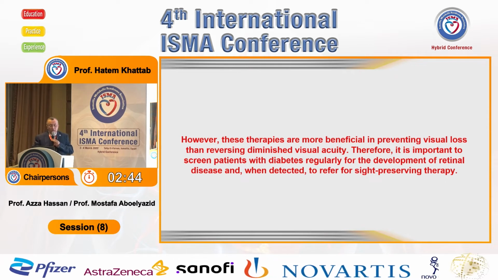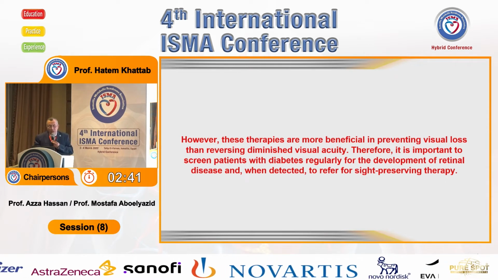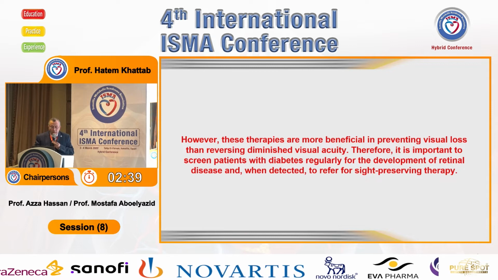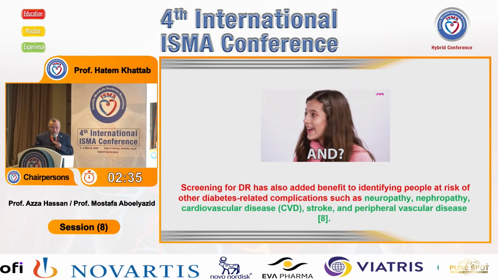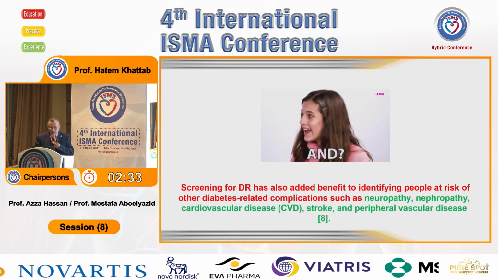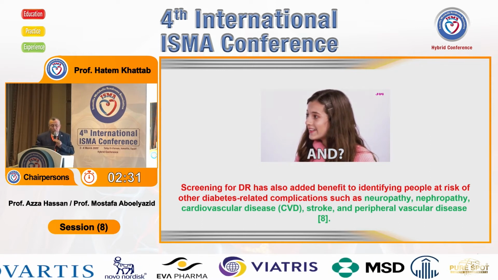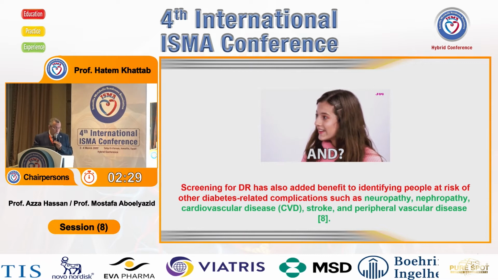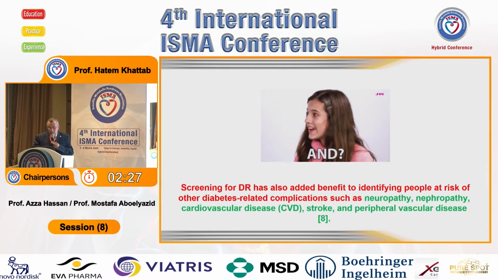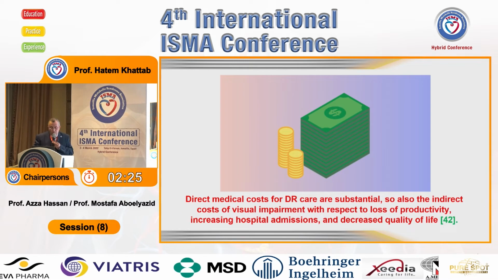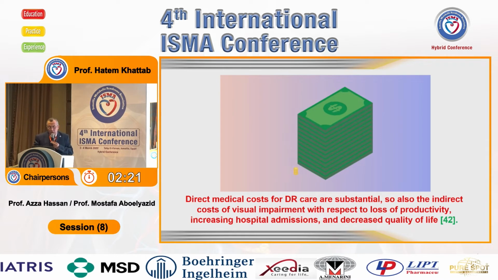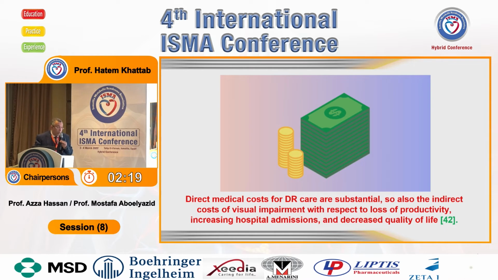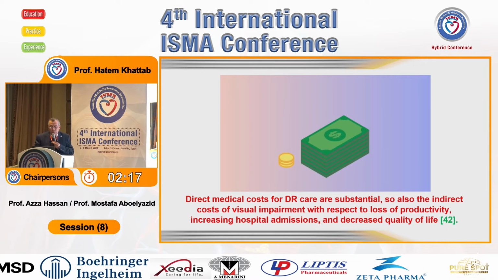However, these therapies are more beneficial in preventing visual loss rather than diminished visual acuity. Also, screening has the advantage of identifying other diabetic-related complications such as neuropathy, nephropathy, and cardiovascular disorders. Plus, the financial impact of treatment and the financial impact of diminished vision.